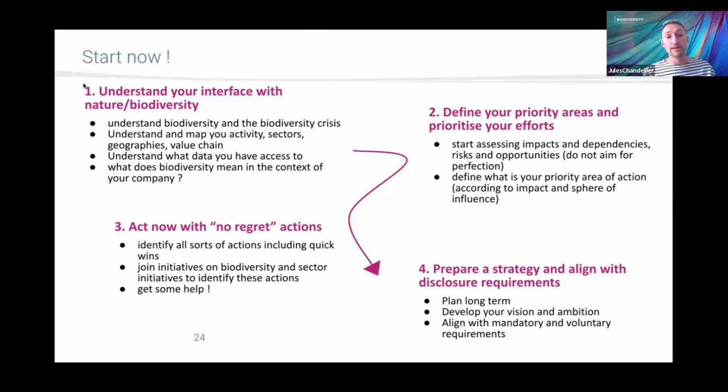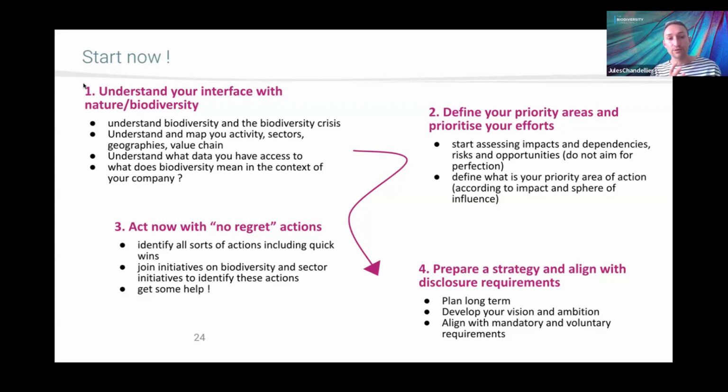And then once you have that, you can start asking yourself, well, what does biodiversity mean in the context of this value chain mapping? You might see that you have some suppliers which, well, actually, this supplier is linked to agriculture. Well, what is the type of agriculture they do, and where do they do this, the growing of these raw materials?